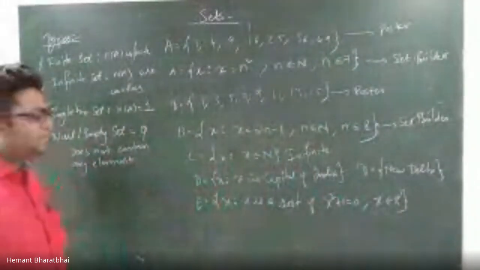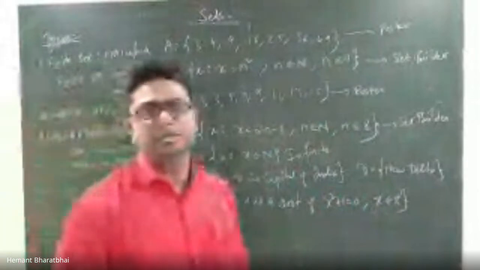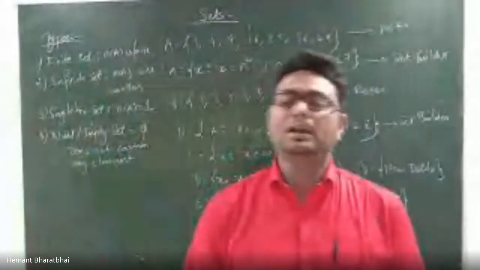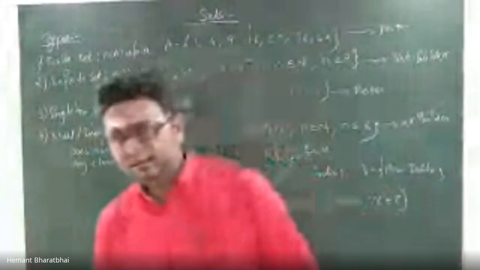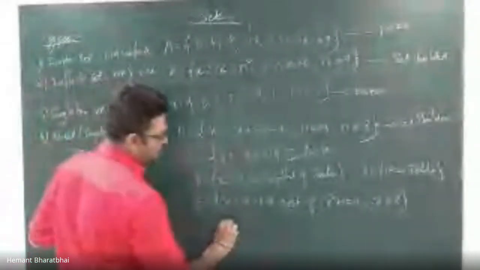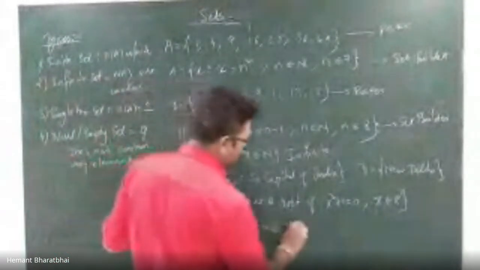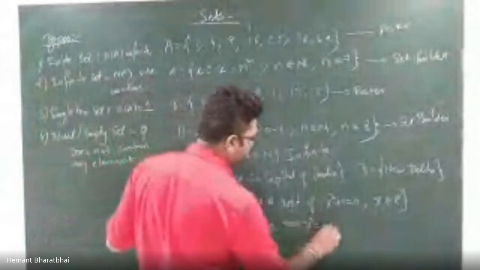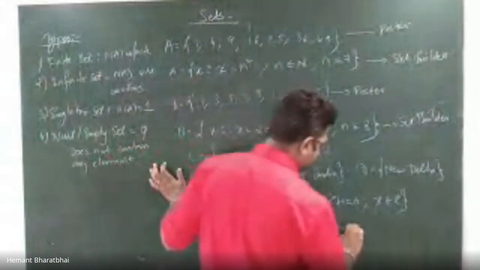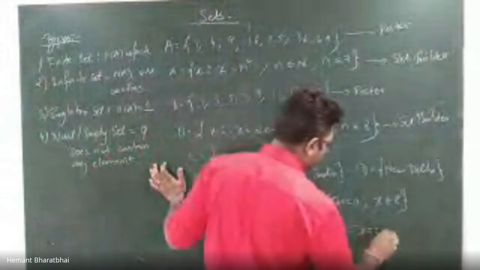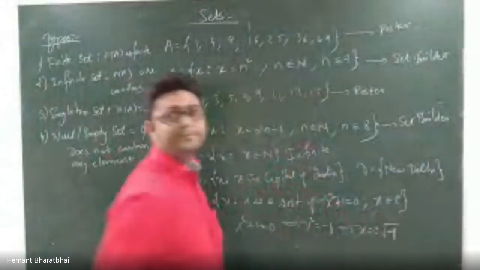So you have to solve this quadratic equation. You will get the root, and let us see if it belongs to real numbers or not. If I try to solve x square plus 1 is equal to 0, then I'll get x square is equal to minus 1. So I will get x is equal to plus minus under root of minus 1.